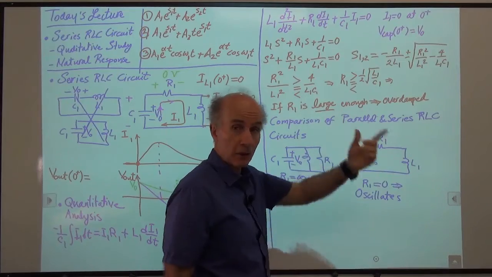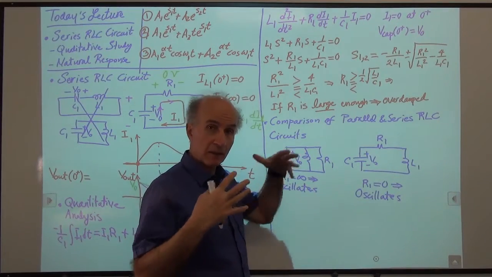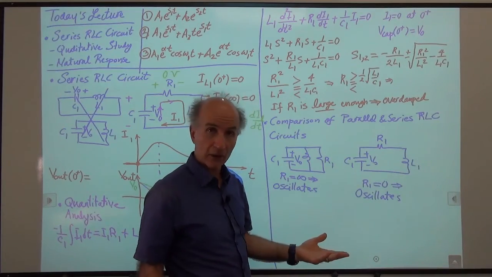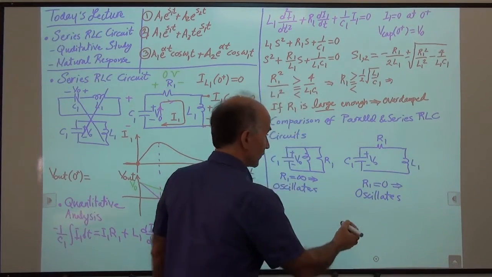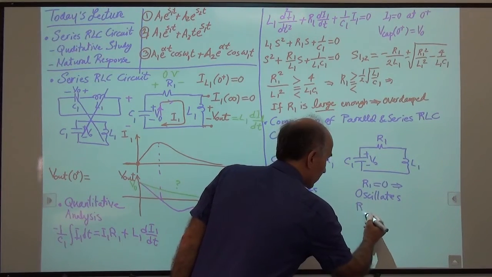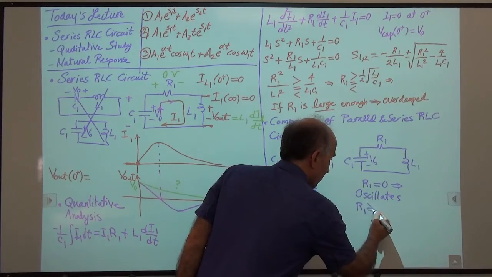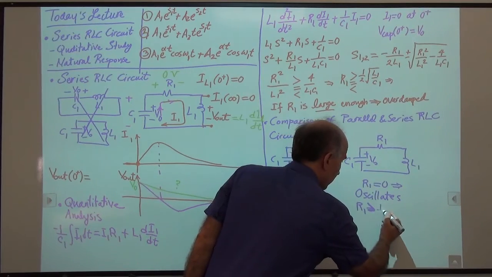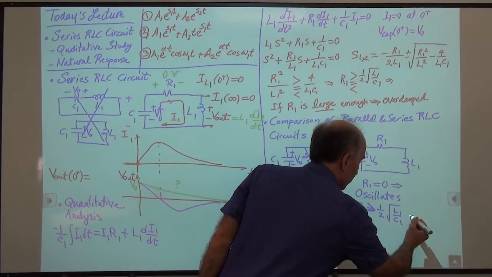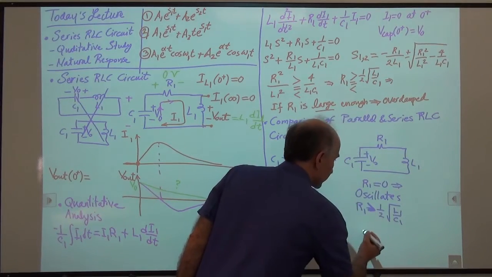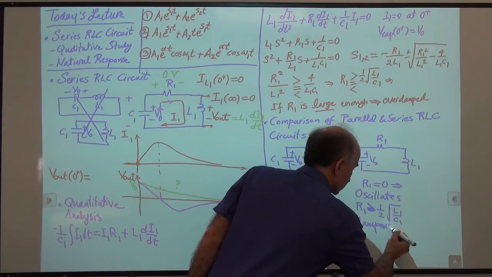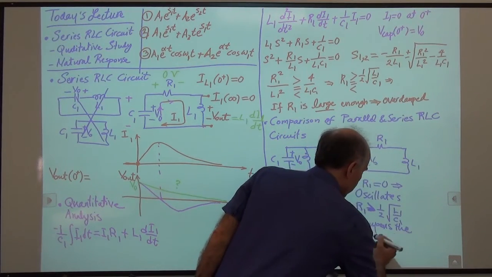As R1 becomes larger and larger, we kill the oscillation more, and if R1 is large enough, then the oscillation does not occur. So that's the distinction. So here we say R1 greater than 1/2 of the square root of L1 over C1 dampens the oscillation.